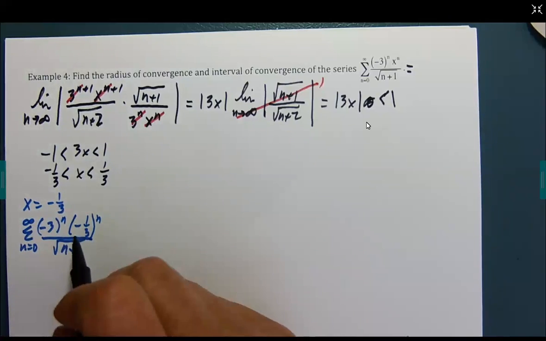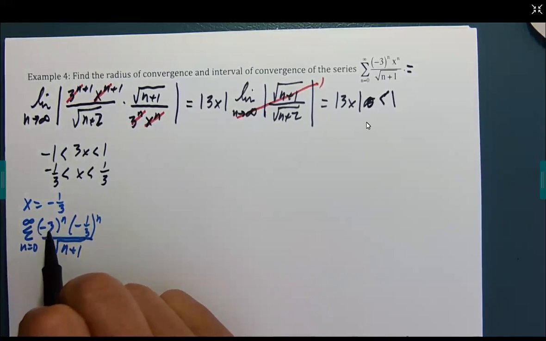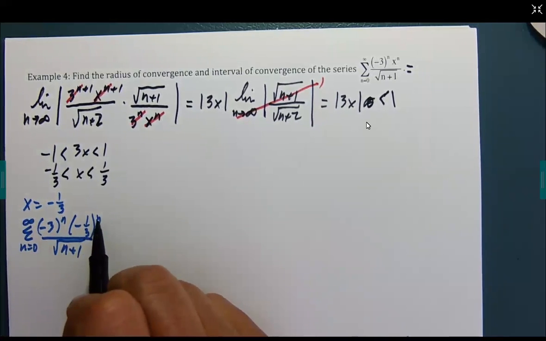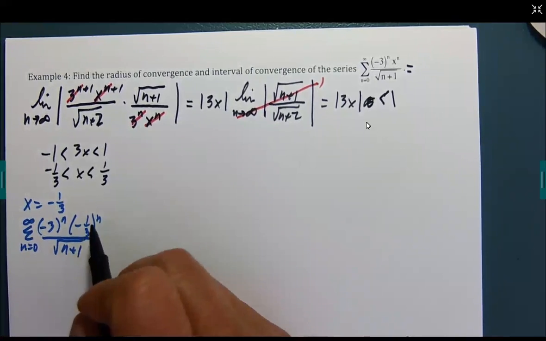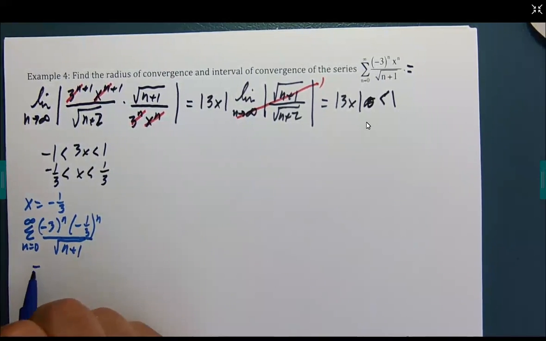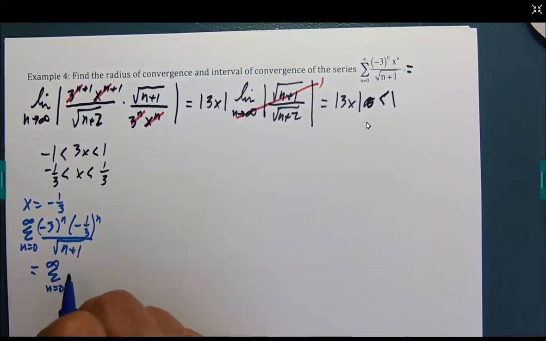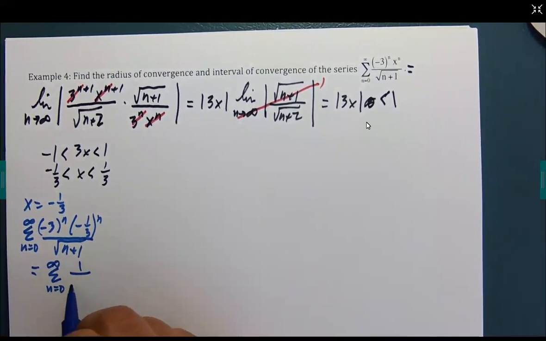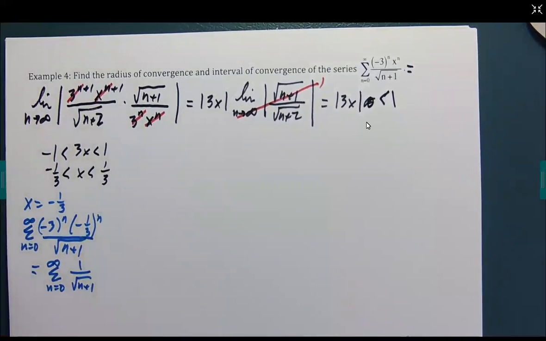And I'm going to say that negative 3 to the n over negative 3 to the n reduces out, and I'm just left with 1 to the n up top. And so that is going to give us, it's not even alternating. It's still just 1 over square root of n plus 1.